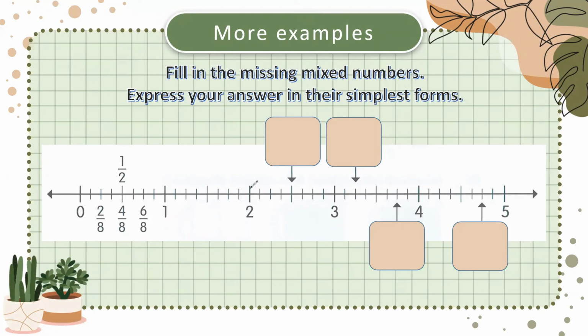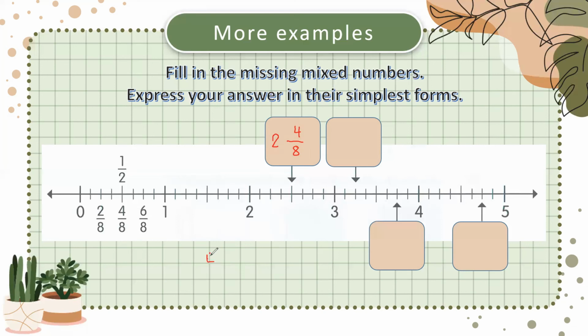From here, we have a whole number of 2. Then, our denominator again, which is 8. Since our whole number was divided by 8, our denominator is 8. Each of the lines represents our numerator. So from here until there, we're going to count 1, 2, 3, 4. That means our numerator is 4. But then again, 4/8 is not yet simplified.